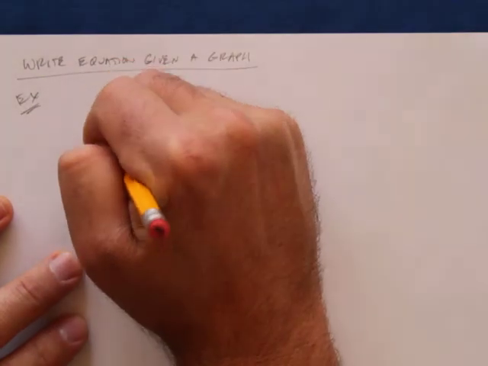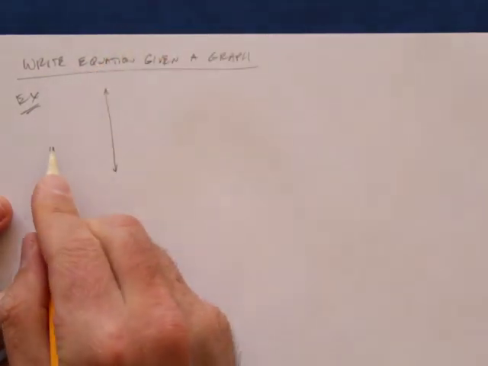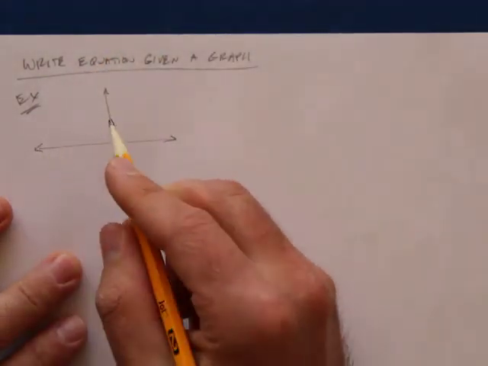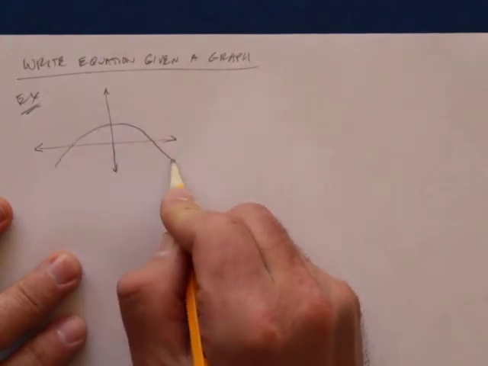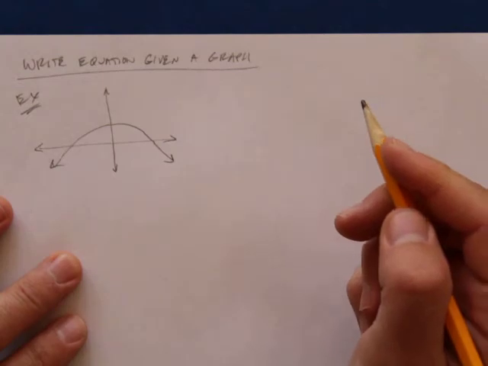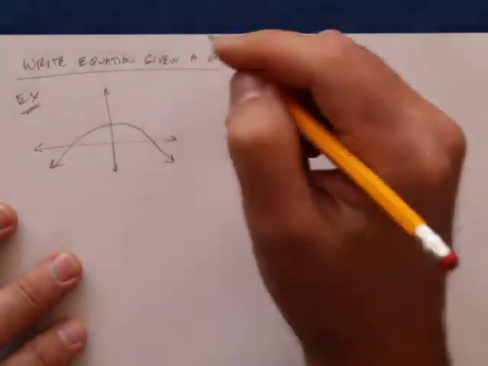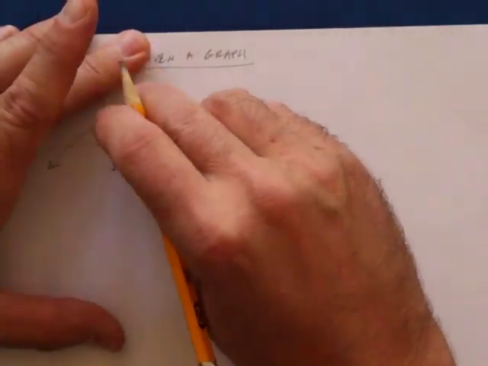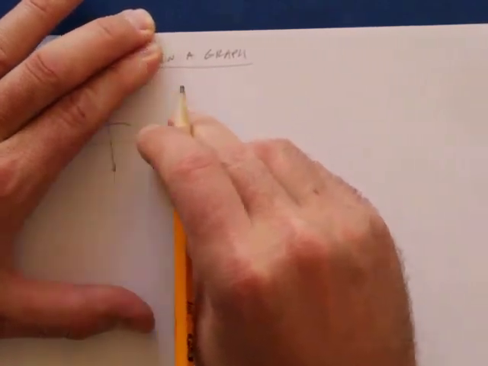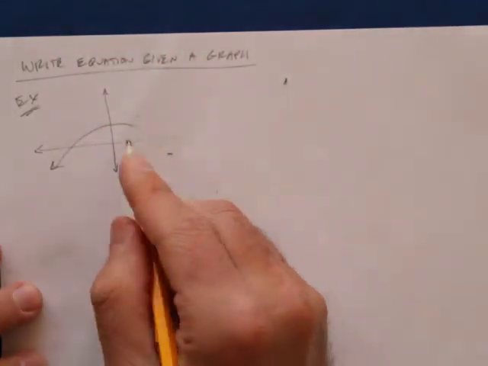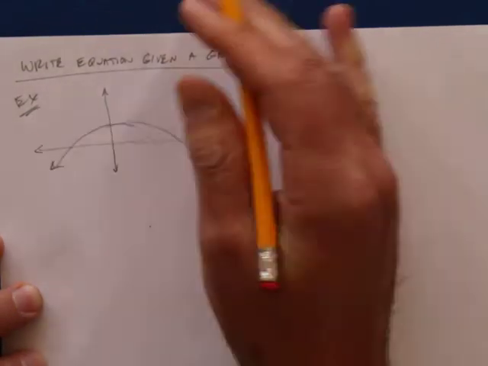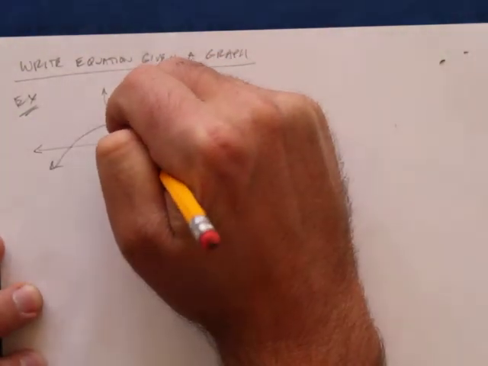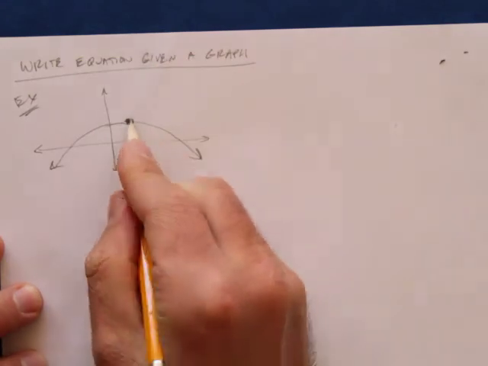Okay, let's draw the graph. And the graph looks something like this. It's not super good. Let me give it a little bit more. There we go. All right, so the vertex here, we're just going to say this is the vertex.